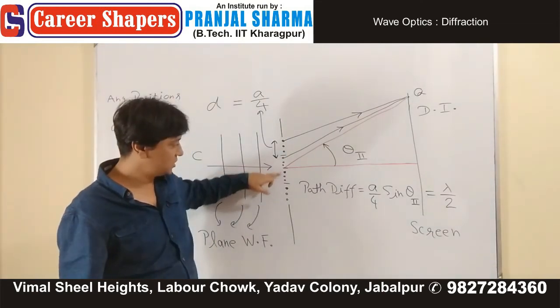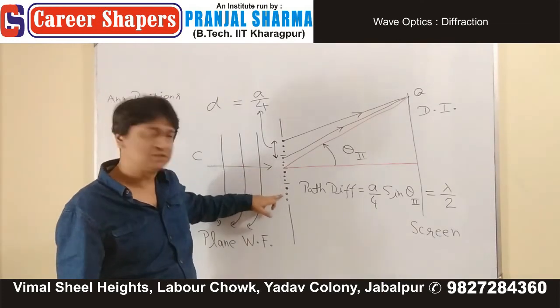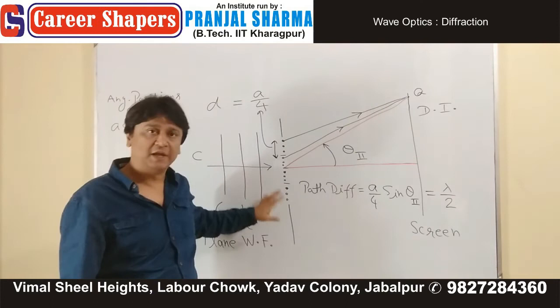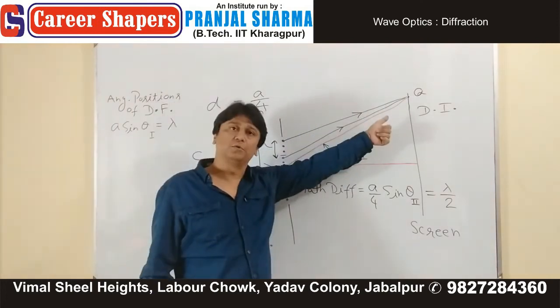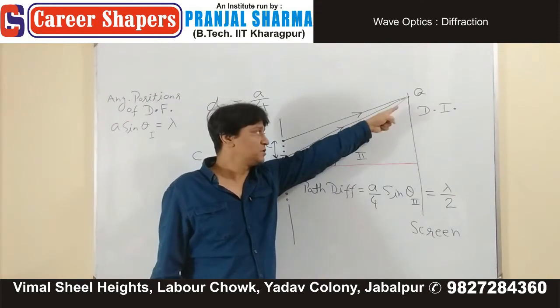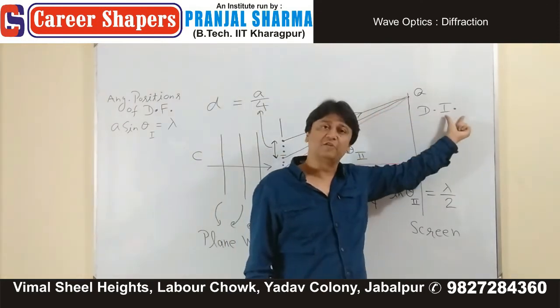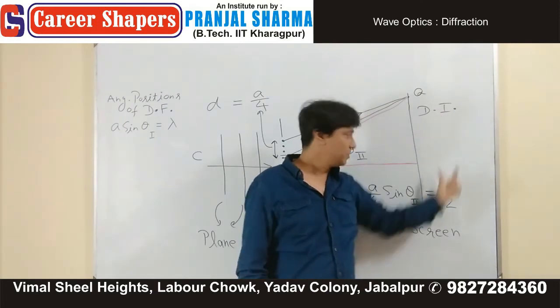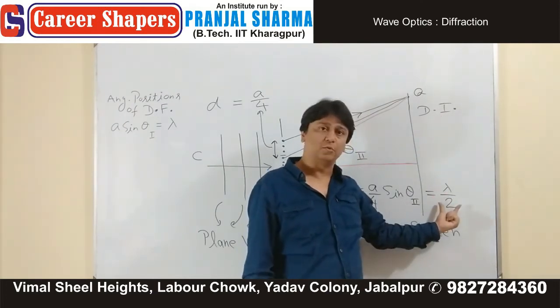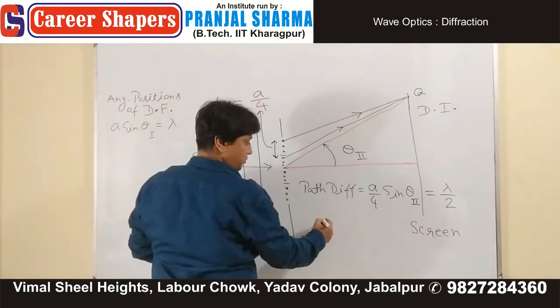First of third is going to cancel first of fourth, second of third is going to cancel second of fourth, which means again at this point Q, no electric field is present, and this place is completely dark. A destructive interference takes place because of lambda by 2.